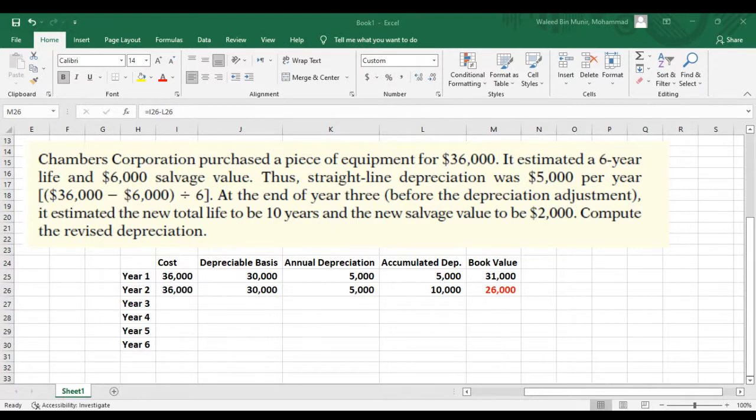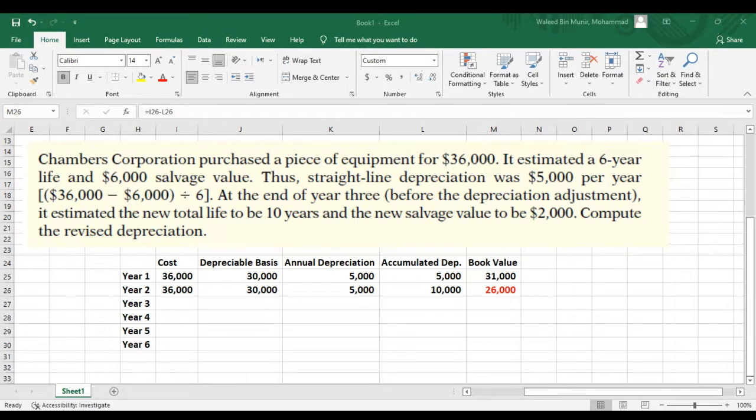Now what will happen in third year? First of all, you have to know what is the book value, and how much is there. So now book value is 26,000, remember. And now with your estimate, you are saying that salvage value is 2,000. Now you have to calculate in third year a new depreciation.